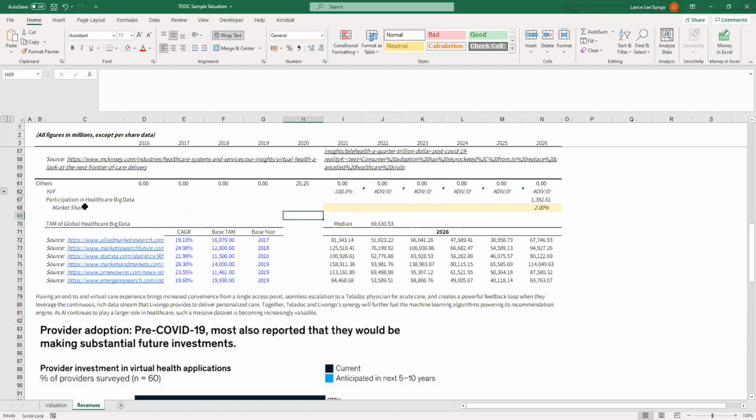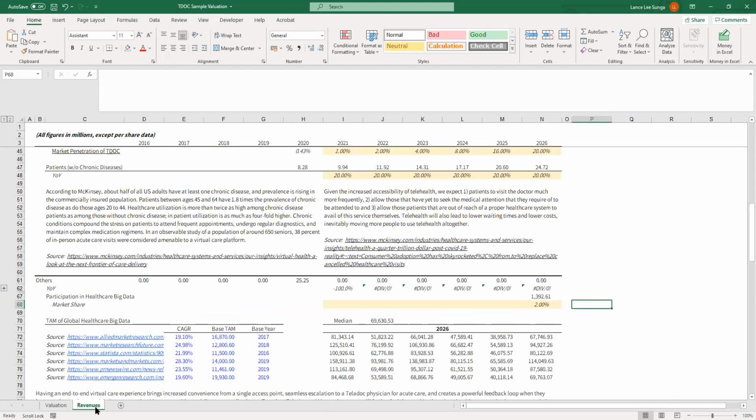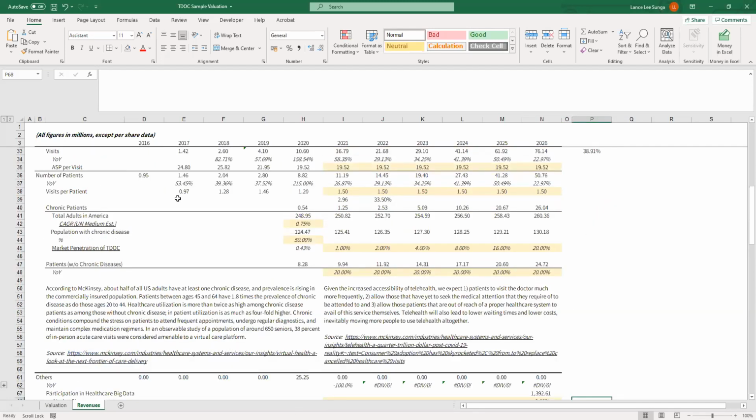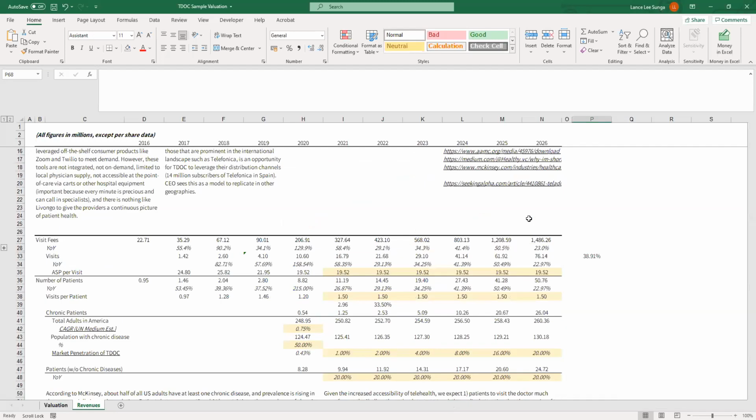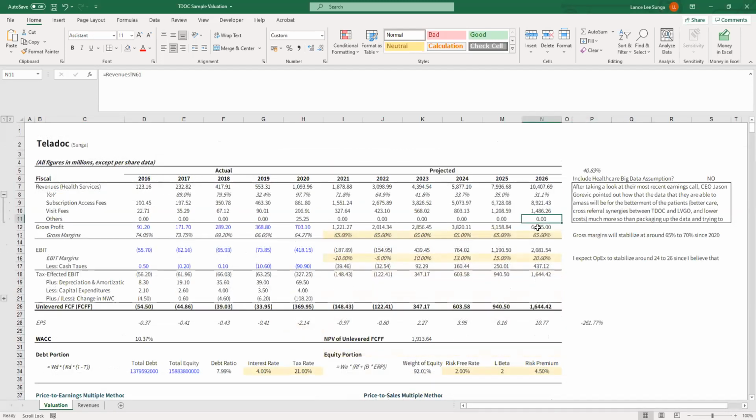And then I just gave Teladoc a conservative market share of 2%, right? And that's basically their revenue for that segment, right? And once you have your revenues, it's very simple from this point onwards.